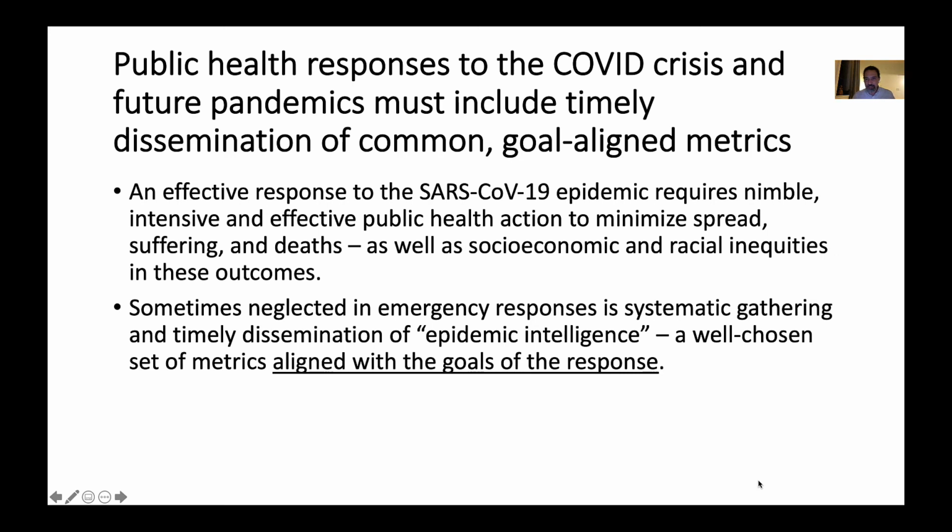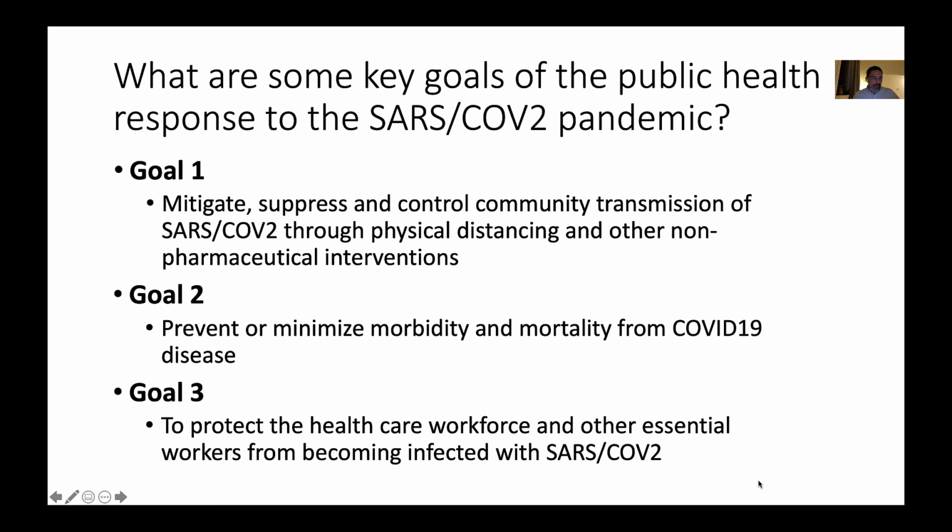This idea of systematic gathering and timely dissemination of data, information, and intelligence on your epidemic, especially with regard to a well-aligned set of metrics that are closely aligned with the goals of the response. This was something that was concerning to us very early on. We certainly didn't see it federally, and in some places it wasn't clear that it was even happening at state and local levels. And so we decided to write a commentary to make some of these points.